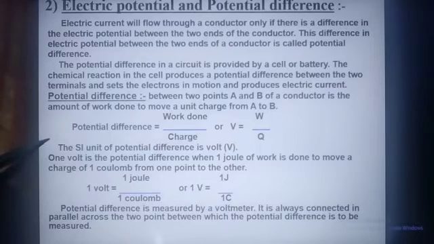The SI unit of potential difference is volt. 1 volt is the potential difference when 1 joule of work is done to move a charge of 1 coulomb from one point to another. The potential difference is measured by a voltmeter. It is always connected in parallel across the two points.